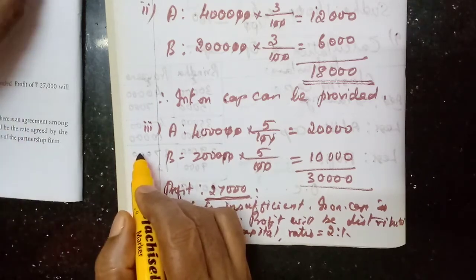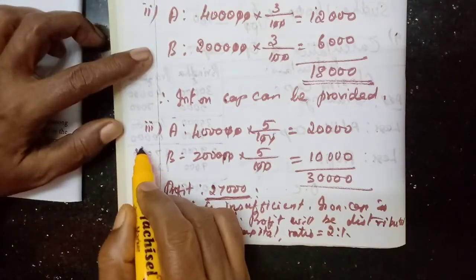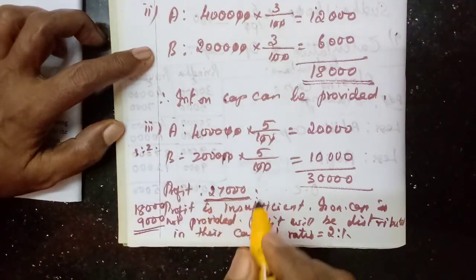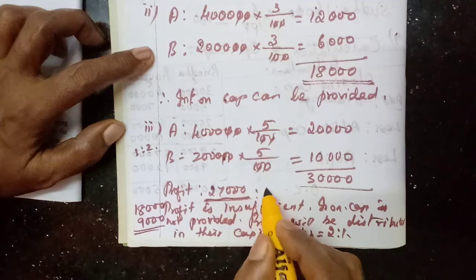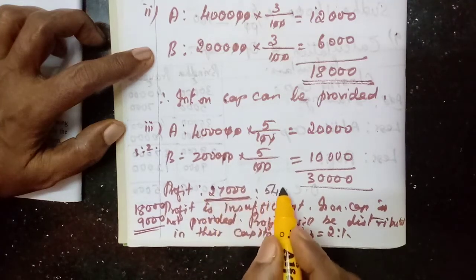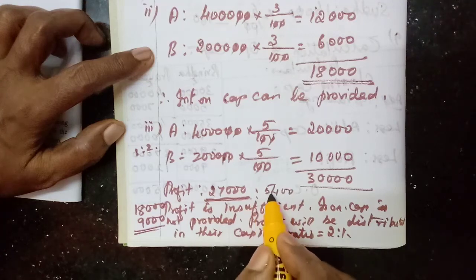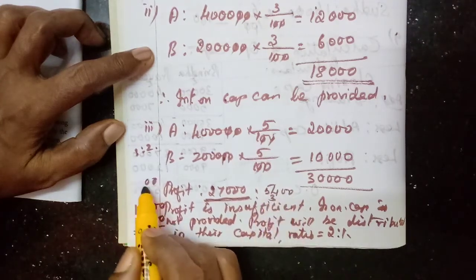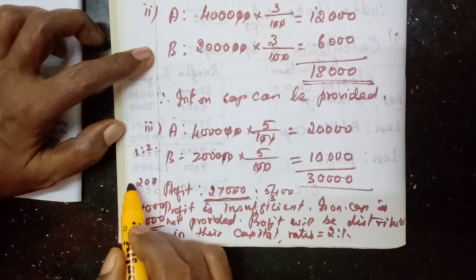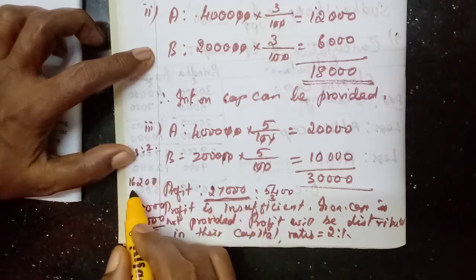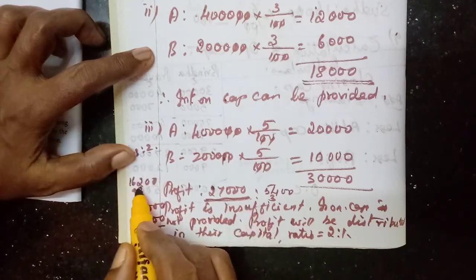If it were divided 3:2, how much would they get? We will see. Divide 27,000 by 5. 5 5s are 25, then 5,400. Into 3, how much will he get? 16,200. The other one, 2 into 5,400, is 10,800.